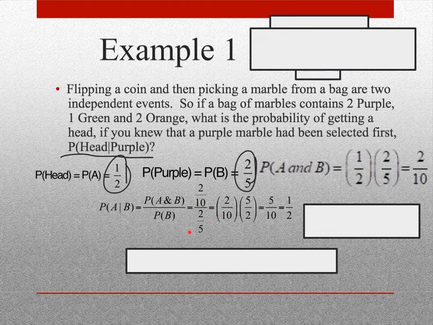If you remember the rules for dividing fractions, you multiply by the reciprocal. So this becomes 5/2. We get 10 over 20, which simplifies to 1/2. That means that flipping a coin and getting heads is still 1/2. Thus, the purple marble did not affect it.